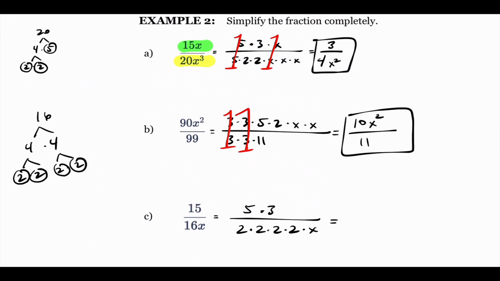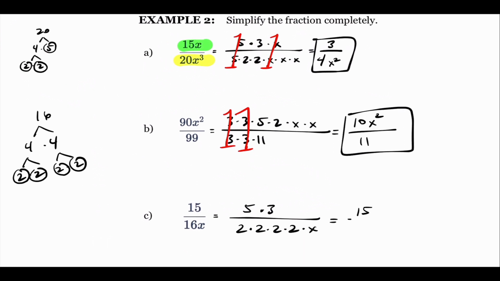Okay. There's nothing that cancels out. I have a 5 and a 3 on top, and I have a bunch of 2's and an x on bottom. There's nothing that cancels out. That means that fraction's already reduced as far as it can go. Okay. So those are monomials. So that's how we reduce monomials.